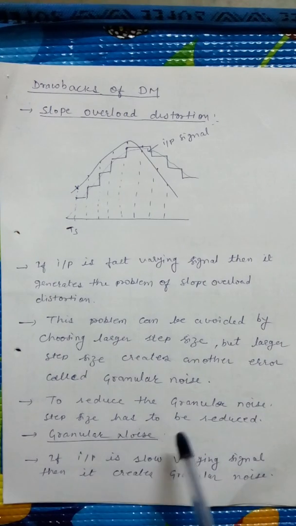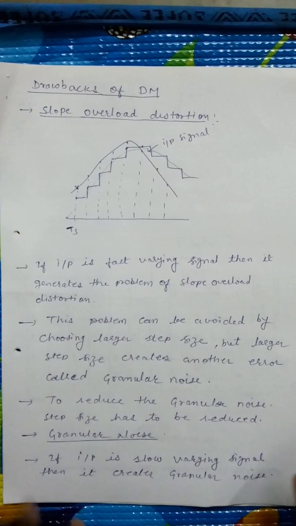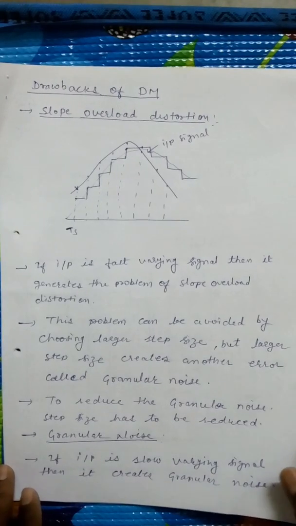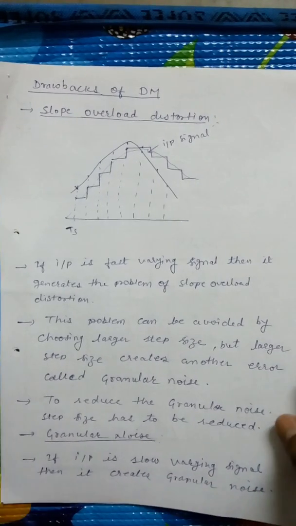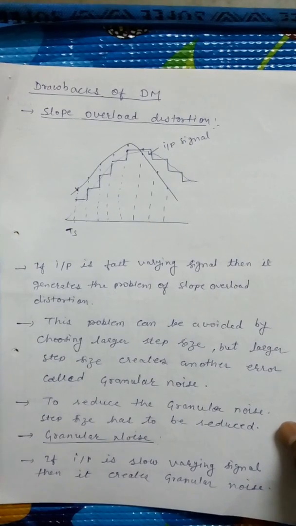So when is granular noise produced? When the input is a slow varying signal, it creates granular noise. So the delta modulator has two major drawbacks: one is slope overload distortion and another one is the granular noise problem.